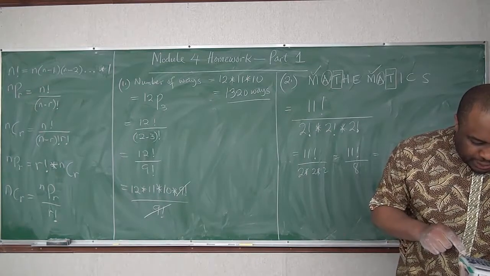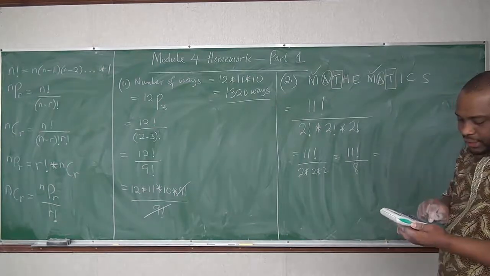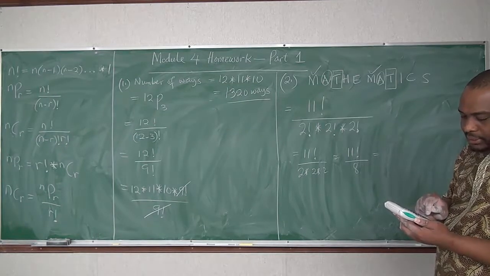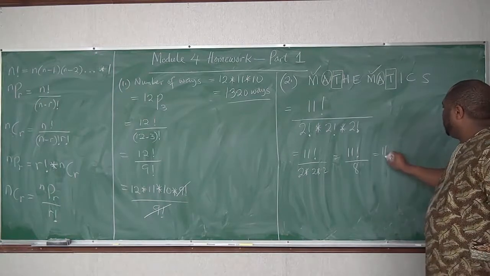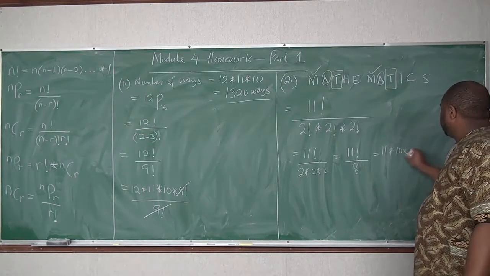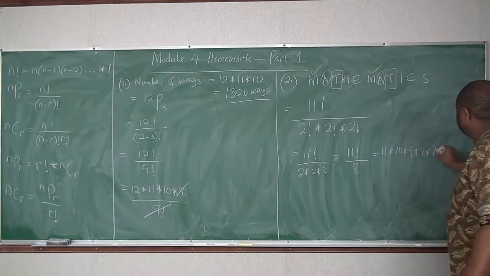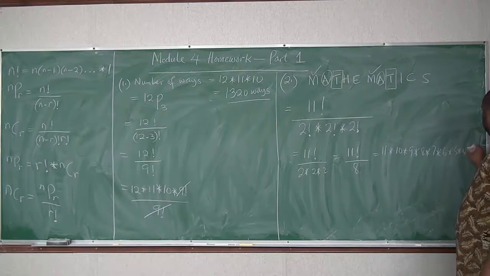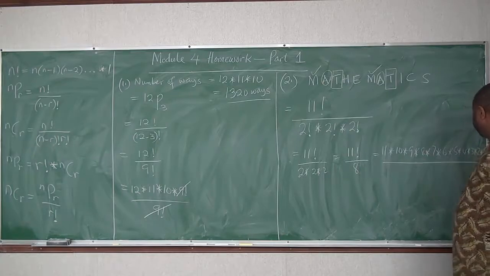I know it must be somewhere in mine, but because of time, I will just go ahead and do 11 times 10 times 9 times 8. Actually, you know what, 11 times 10 times 9 times 8 times 7 times 6 times 5 times 4 times 3 times 2 times 1 all over 8.